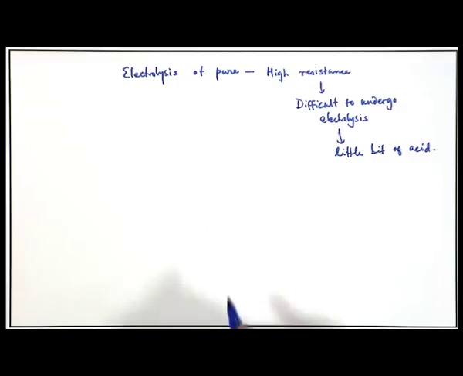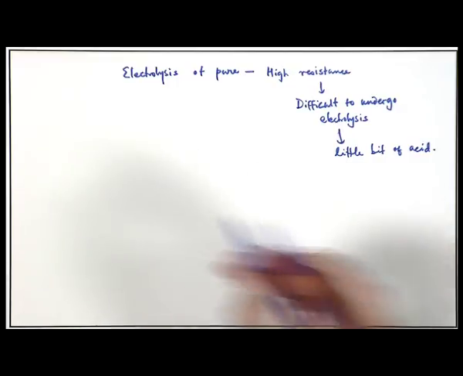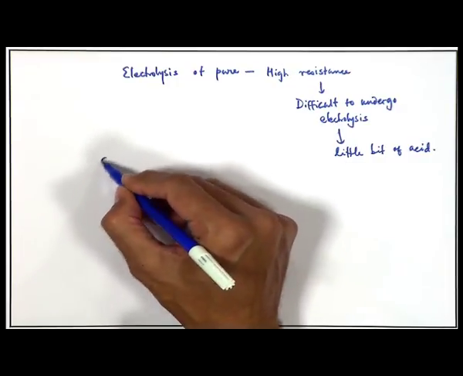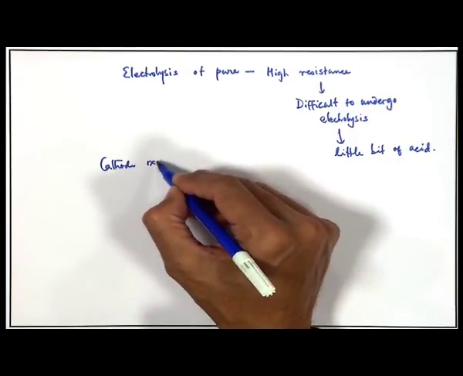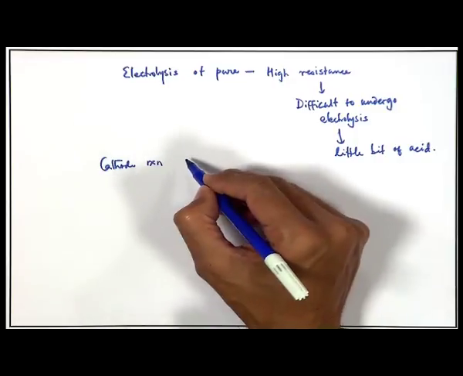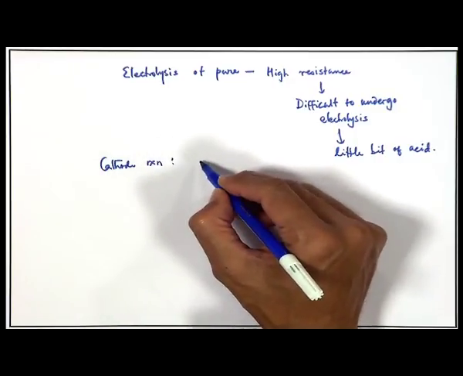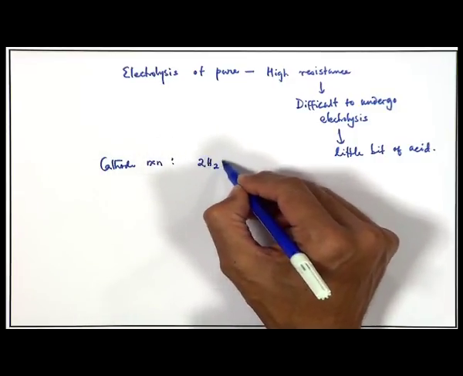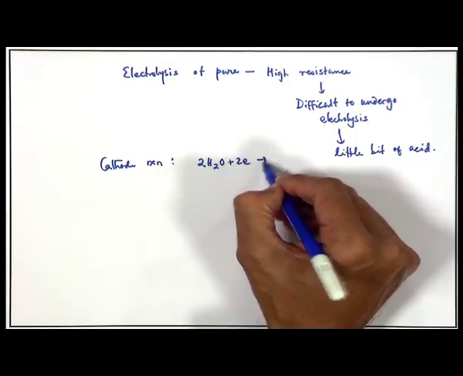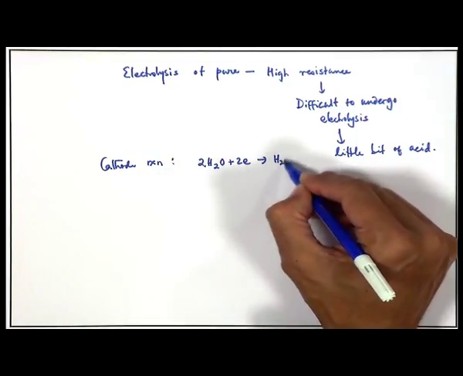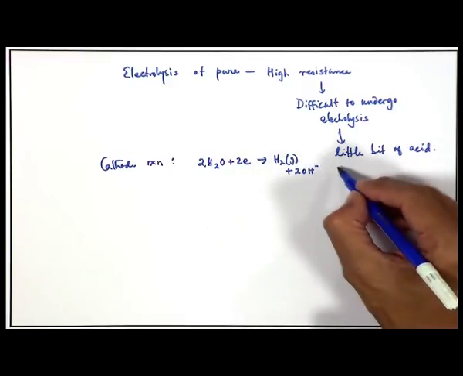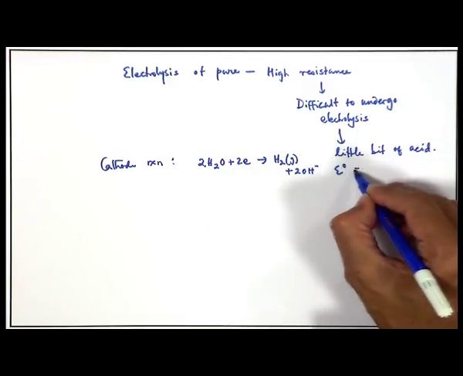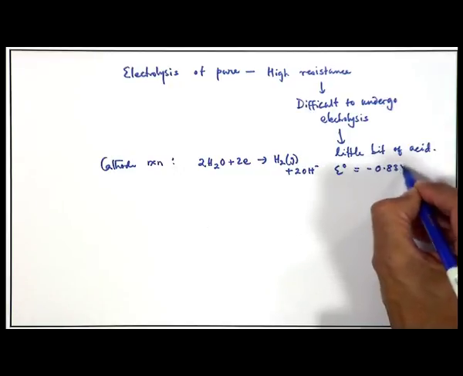If you add a little bit of acid and use a pair of platinum electrodes, then the cathode reaction will be 2H2O plus twice electron, that gets you H2 gas plus 2OH minus, E naught is equal to minus 0.83 volt.